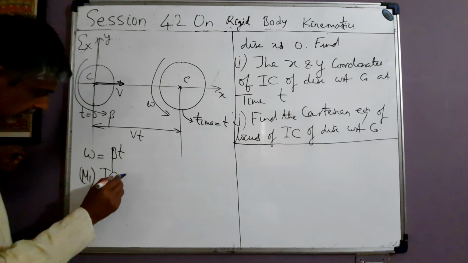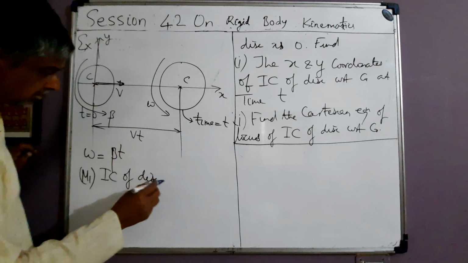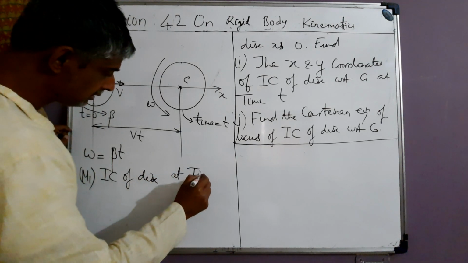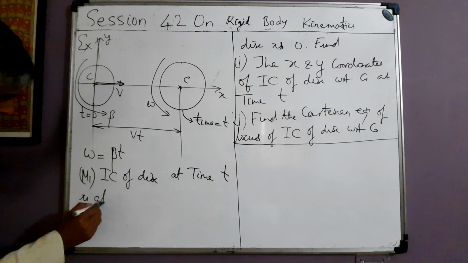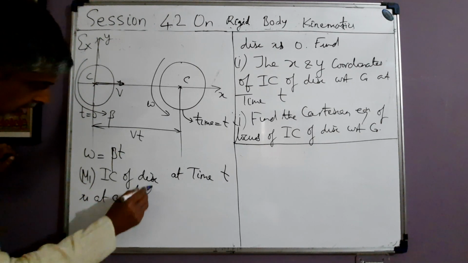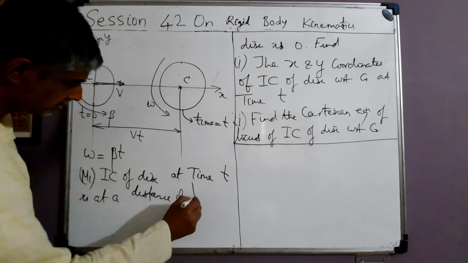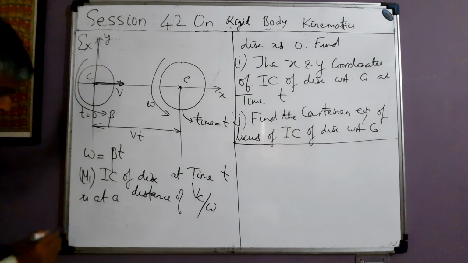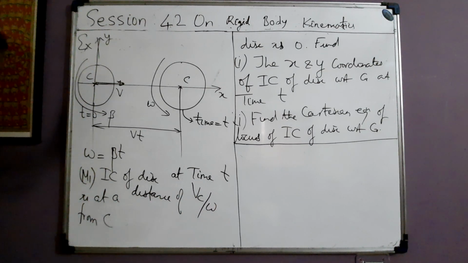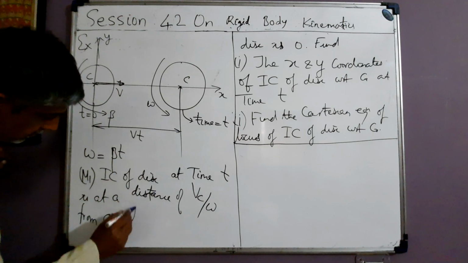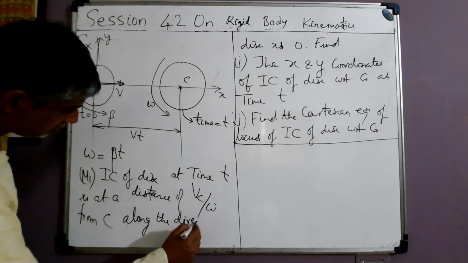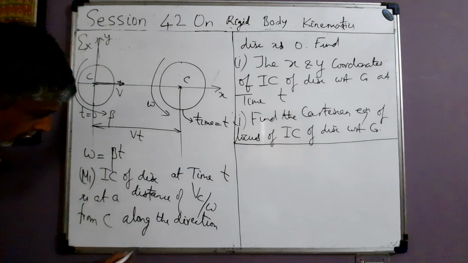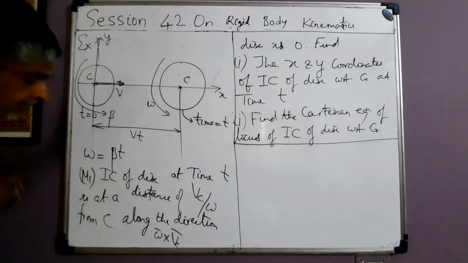IC of disk at time t is at a distance of Vc by omega from C along the direction omega cross Vc.